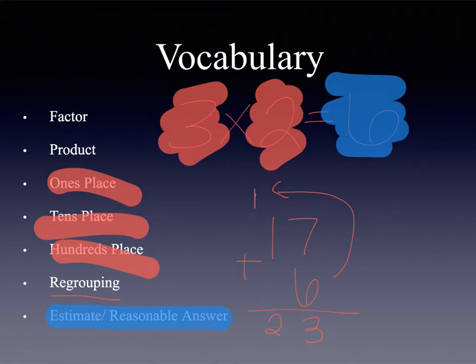What I mean by reasonable is that if we estimate the numbers so that we have nice clean numbers that we can multiply very easily, and the number that we get with the standard algorithm is way off from the number that we get when we estimated, we know that that's not reasonable and we know that we made a mistake somewhere. So estimating is a really good tool to check your work and to see if the answer that you got was reasonable or that it made sense.